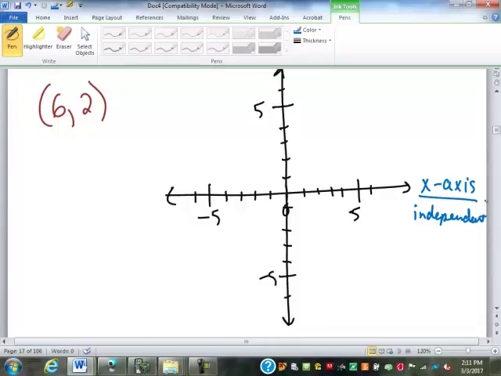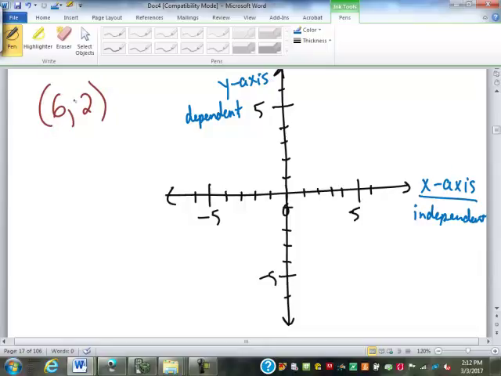It's the one that we can vary and make it whatever we want to. It's the one that we're exploring. This vertical axis is often called the y-axis. It represents the y variable, and it's often called the dependent axis. It's called dependent because oftentimes its value depends on what the value of the x variable was.